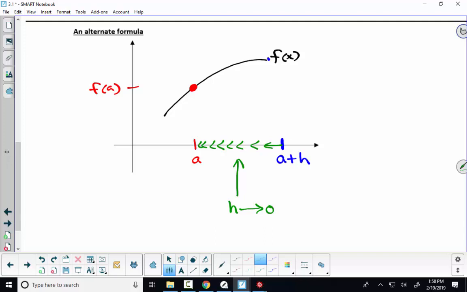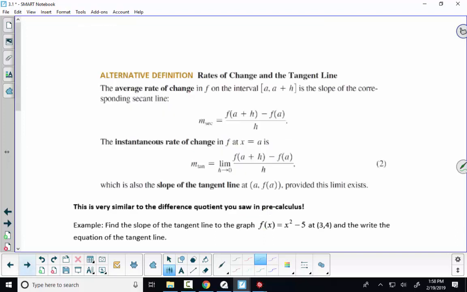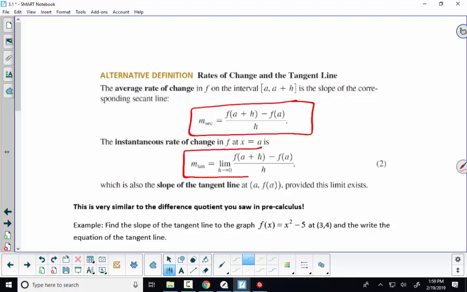Does that make sense to y'all? Are there any questions? So that's what we have defined here, our alternative definition. Again, the previous definition said on the interval a to x. This says on the interval from a to a plus h. Here's the slope of the tangent line.